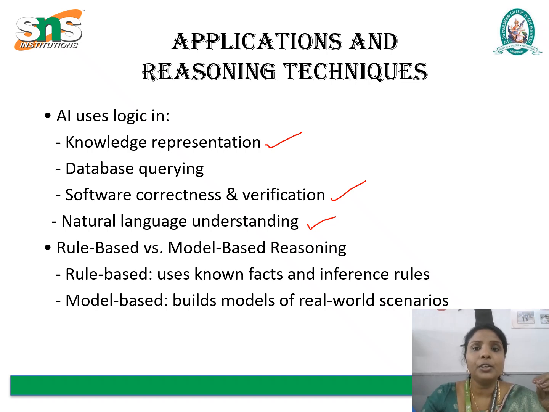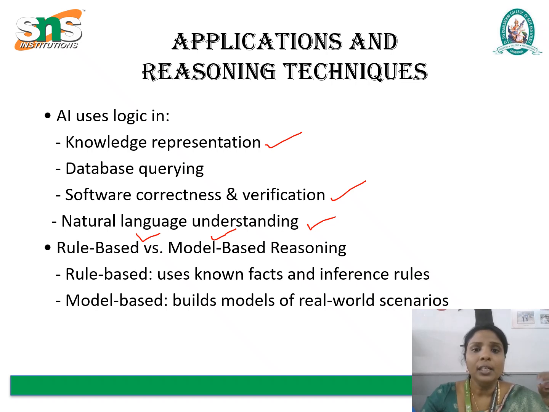Here the artificial intelligence system tries to understand and interpret human language. In AI, reasoning can be done in two main ways: rule-based reasoning and model-based reasoning. Rule-based reasoning uses known facts and a set of rules to draw conclusions.